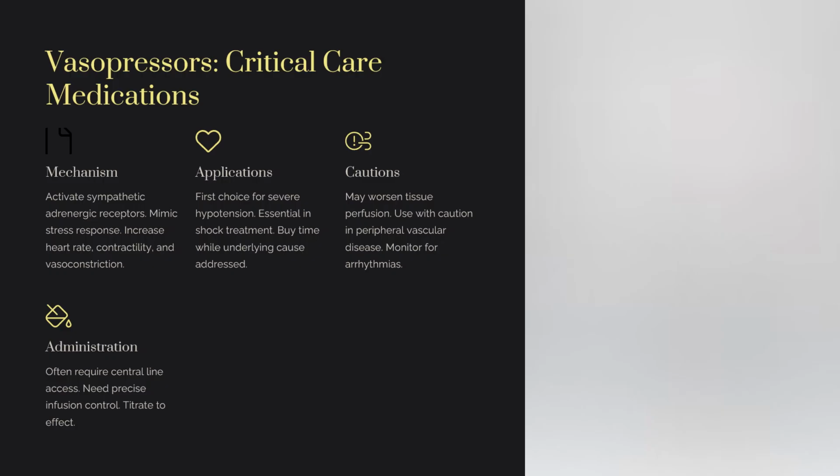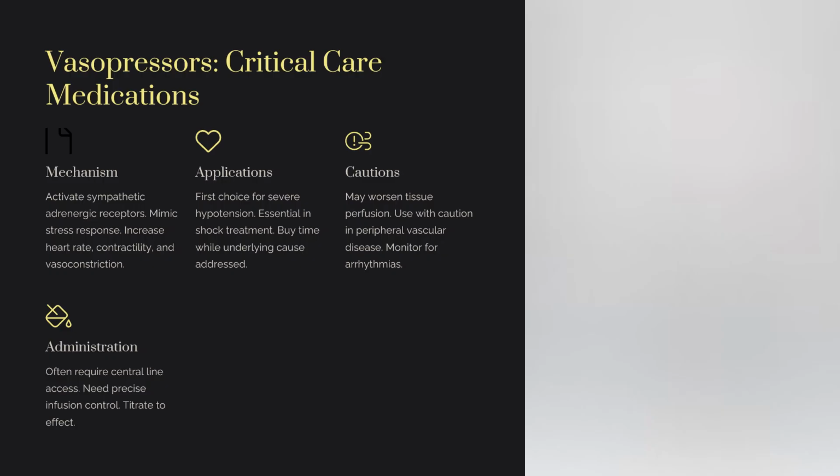So our heart rate, our contractility, and our vasos are constricting. So those are increased, and then we have vasoconstriction. If somebody has severe hypotension, vasopressors are our first choice. Usually indicated for shock treatment, and then it is important, this isn't going to be long-term solutions.